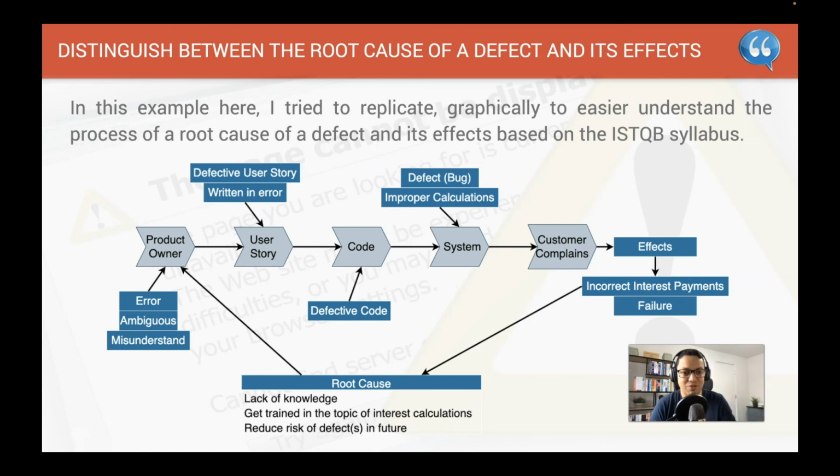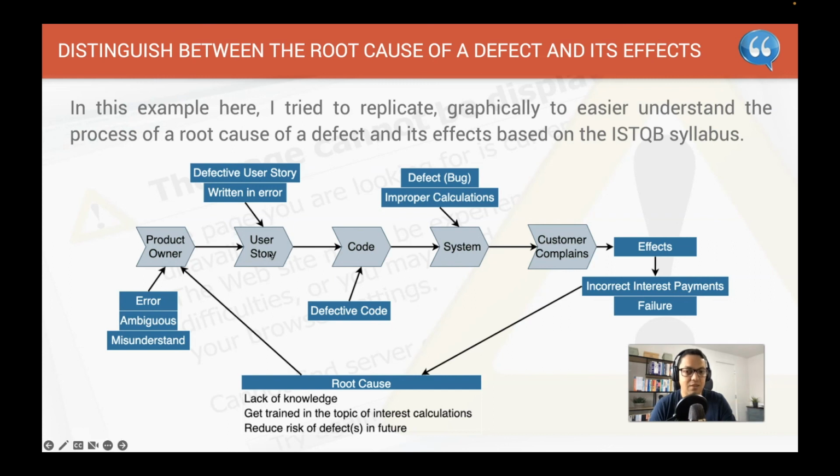Remember, human error: something ambiguous or a misunderstanding, but they put it in anyway without knowing, without blaming anyone. The product owner and the business analyst then break it down into user stories. Within these user stories, prepared for the developers and the testers to work from, they write a defective user story. They write the error in there.